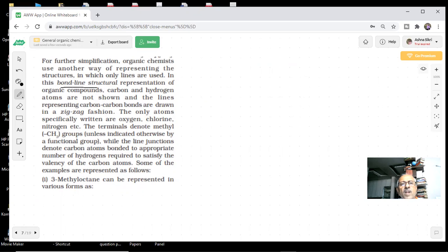In organic compounds, carbon and hydrogen are not shown, and the lines representing carbon are drawn in zigzag fashion.